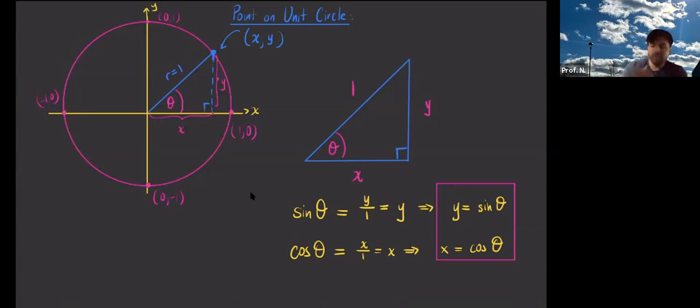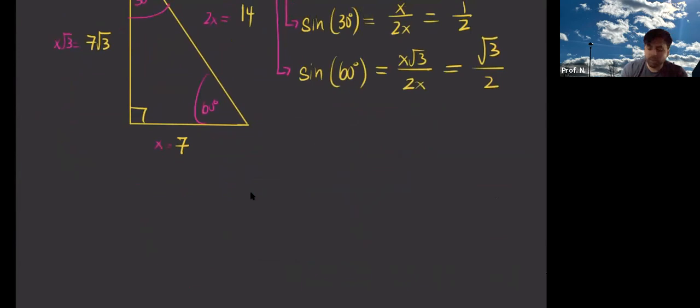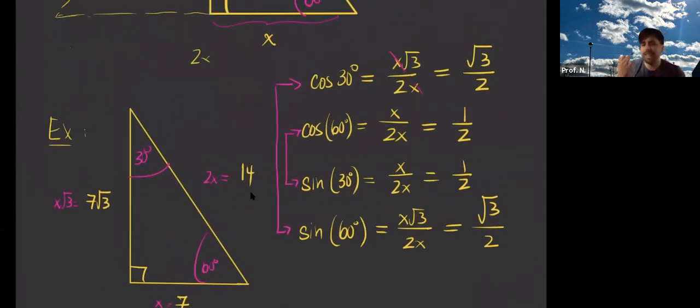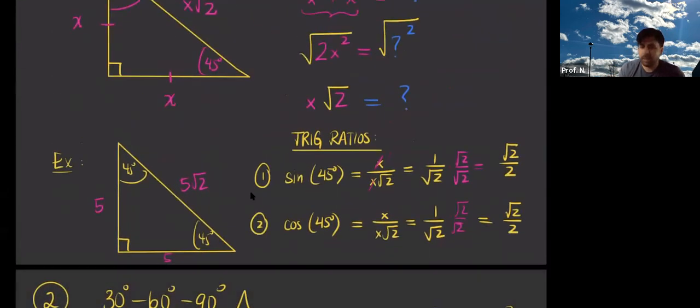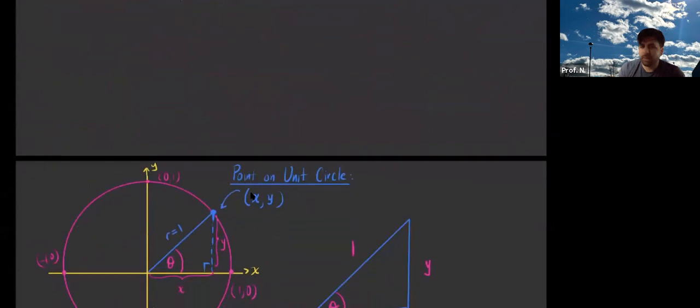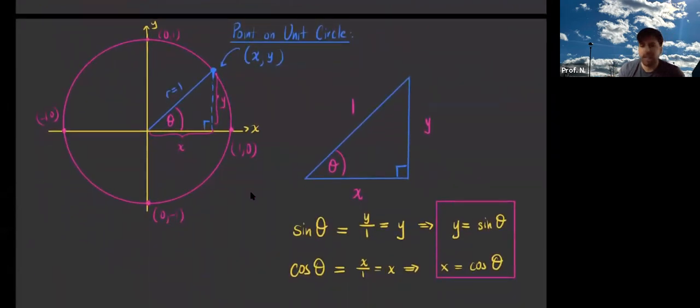Without using the unit circle, using only the special right triangles, I can only find the cosine and sine for 30 degrees, 60 degrees, and 45 degrees. But now that I made this connection with the unit circle, I can find it for any angle from 0 to 360 degrees. Do you see that?